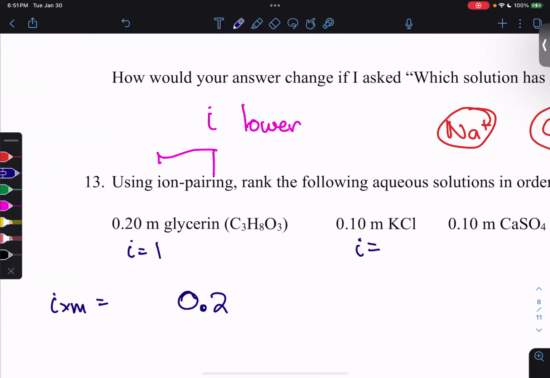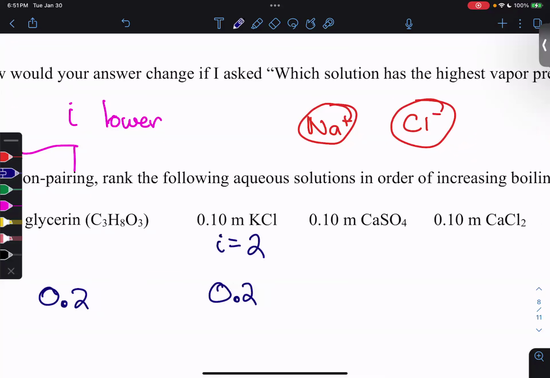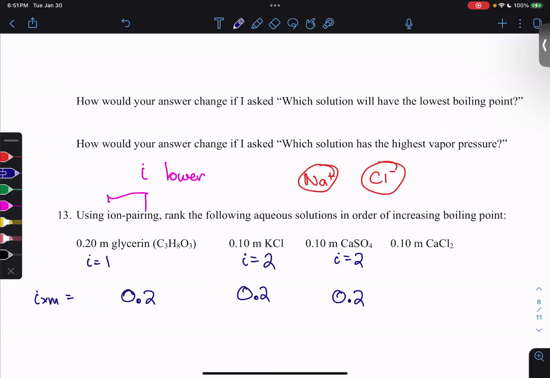Has an I of 2, so that means its I times M product is also 0.2. Uh-oh. What about calcium sulfate? What is its I? 2, so what's its I times M? 0.2, uh-oh. And then calcium chloride, it has an I of 3, so finally it has an I times M of 0.3.